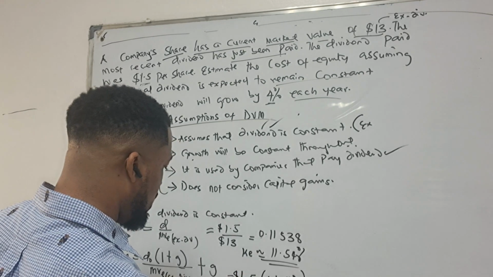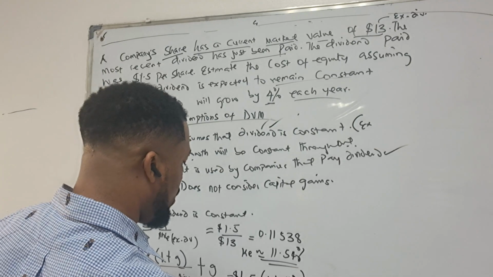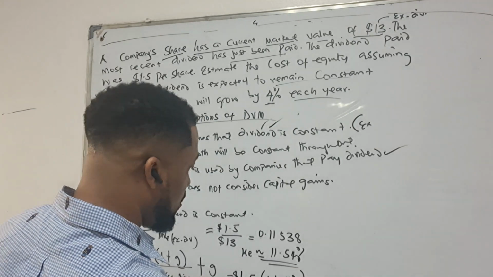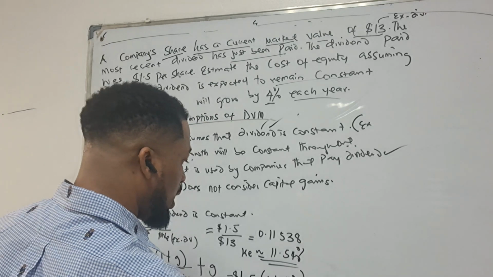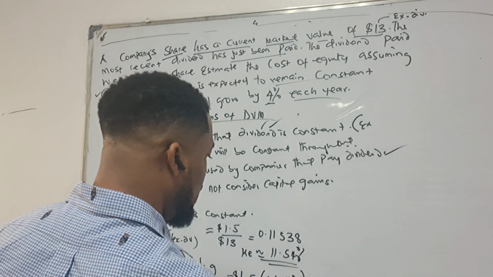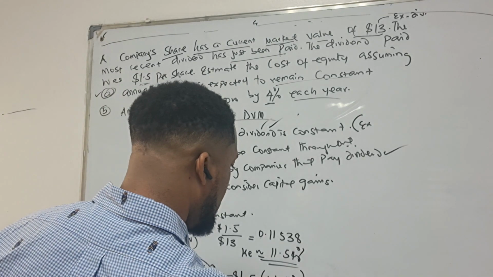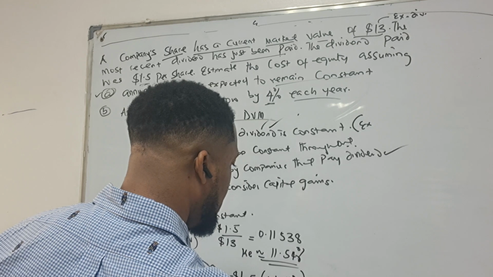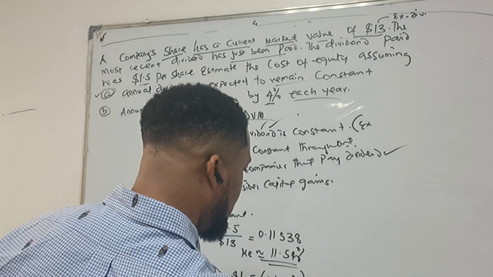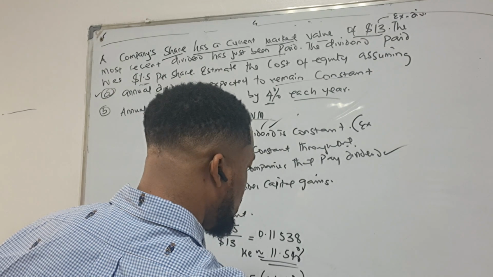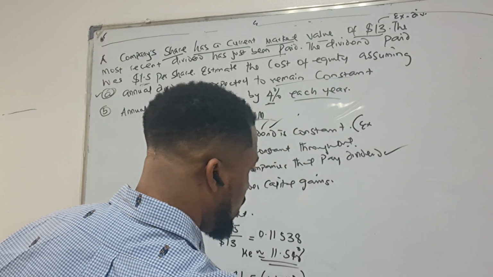Then you have plus the growth, which is 4%. If I do this effectively, I should have 1.5 multiplied by 1.04, divided by 13, plus 0.04.